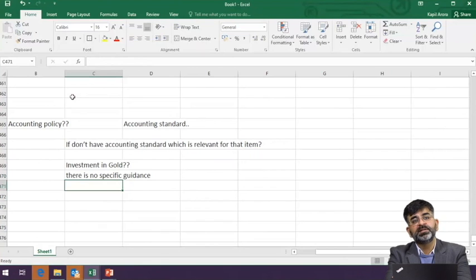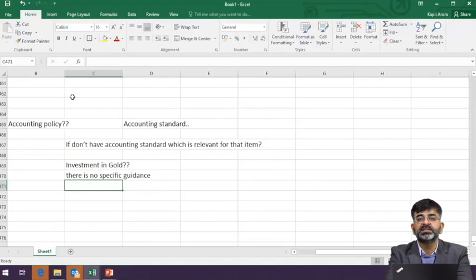How do we take the difference? Where should it go? There is no accounting guidance available anywhere. There is guidance for investment property, where if you have invested in land and the land value goes up or down, it tells how to record that. There is guidance for investment in shares or mutual funds, but there is no guidance on investment in gold.